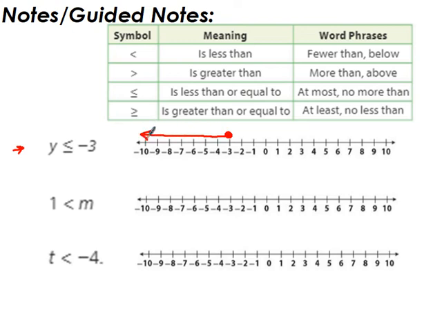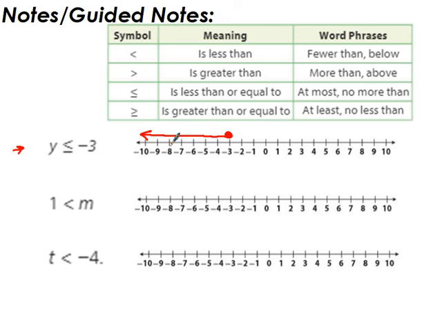It could be -3, which is why I have a closed circle here on -3. And then y could also be any of these values that is less than -3, like -10 or -8. Everything in between is also less than -3. So everything to the left of -3 on the number line would be a solution.